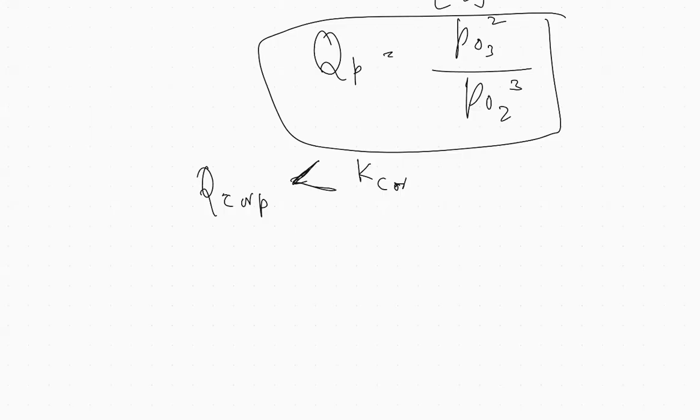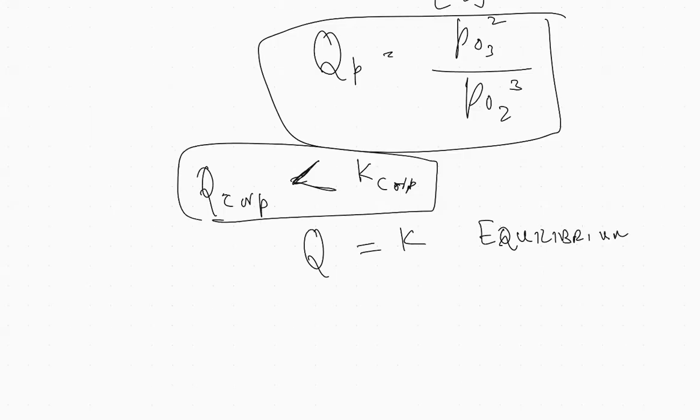But if Q is equal to K, then it is in equilibrium. If by any chance Q is more than K, that means it has gone past equilibrium. Maybe you are heating it up and it's just moving up the value until it settles down. Okay, so if Q equals K, that means it's in equilibrium. In this case, it has not yet attained equilibrium.